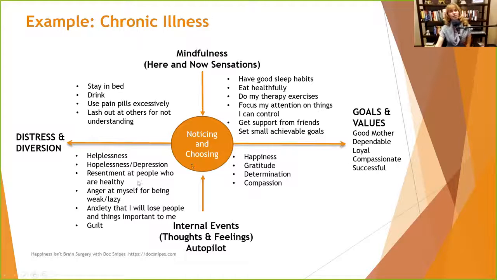So we say, okay, let's look at some other things over here. What could you do instead? Notice and choose. Have good sleep habits, eat healthfully, do your therapy exercises, focus your attention on things you can control, those changeable variables. Get support from friends and set small, achievable goals. Instead of saying, I want the depression or the pain to be gone, say, I want to have enough pain relief that I can get up and clean the house today, or clean the living room today.